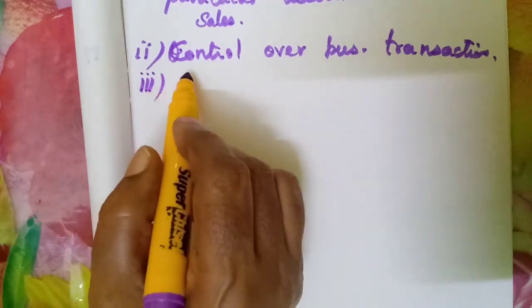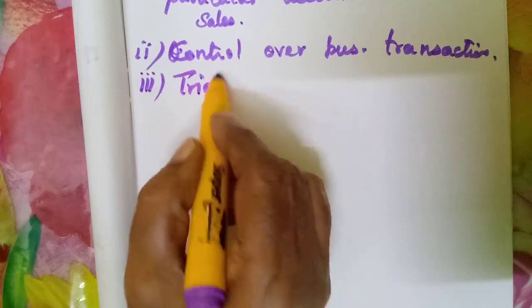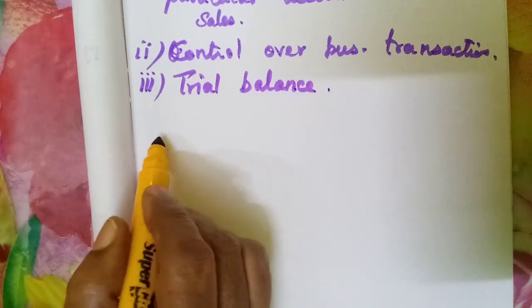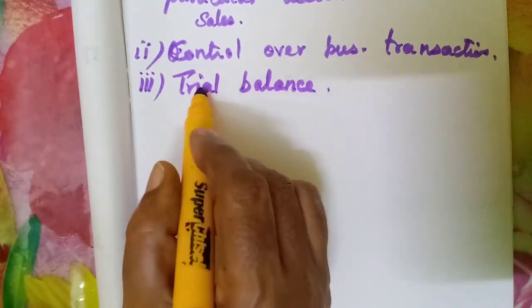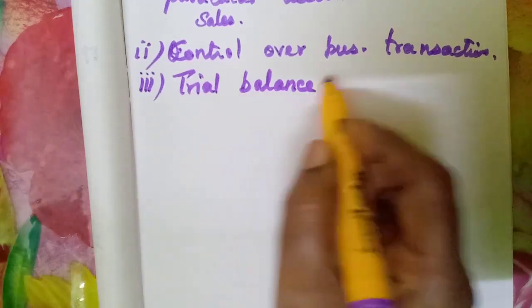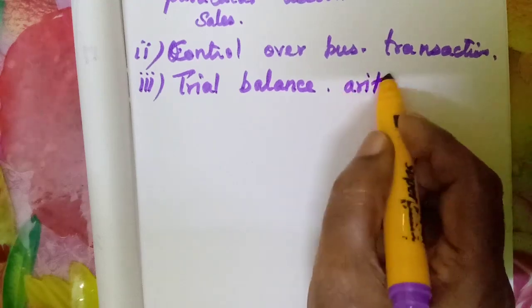The third one is that the trial balance can be prepared. That's the main use. From the ledger accounts, balances only will be written in the trial balance. Trial balance is prepared to check the arithmetical accuracy.